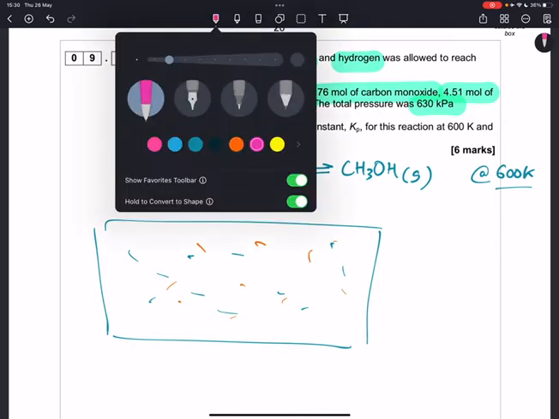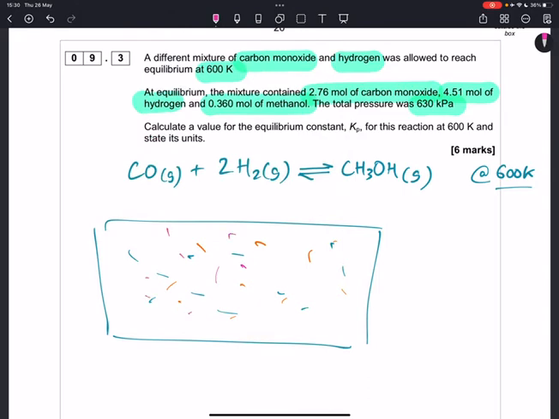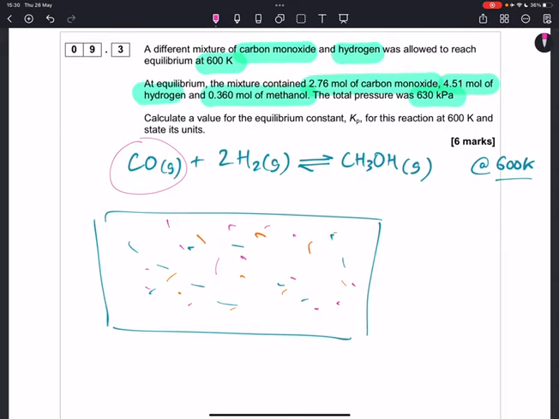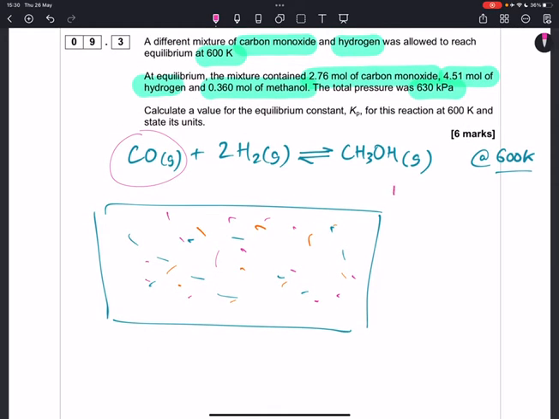So they're all spread out. The amount that each gas contributes to the pressure depends on how many moles of the gas there are. So the first thing we need to do is find the total moles.